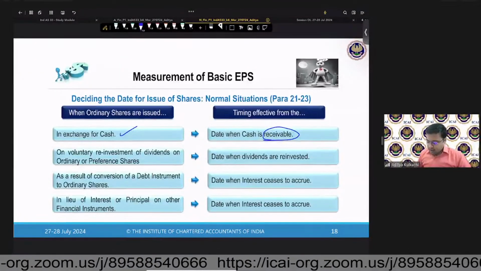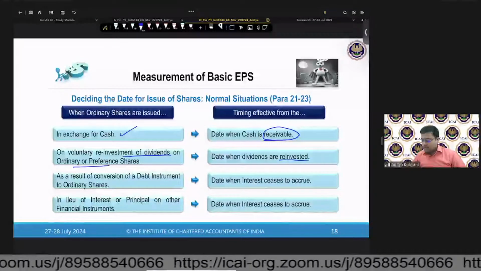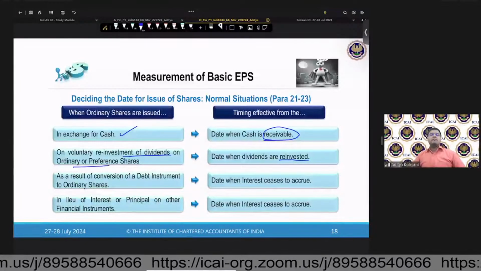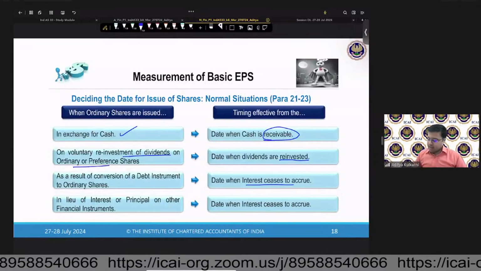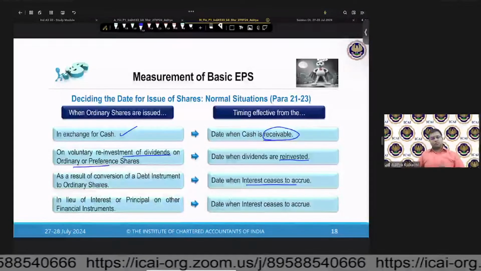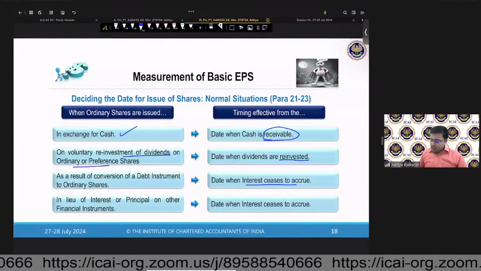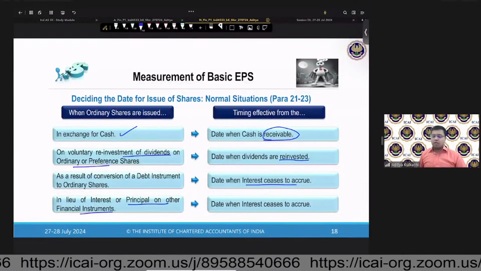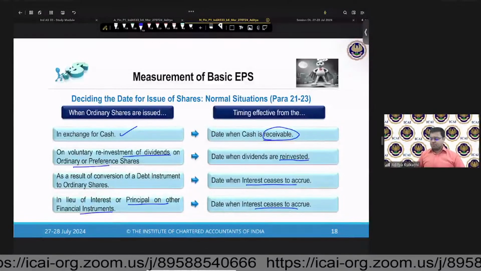On voluntary reinvestment of dividends on ordinary or preference shares, the date when they are reinvested. Sometimes you convert your debt to ordinary shares, the date when interest ceases to accrue. That will be the date it officially becomes equity. In lieu of interest or principal on other financial instruments, the date when interest ceases to accrue.